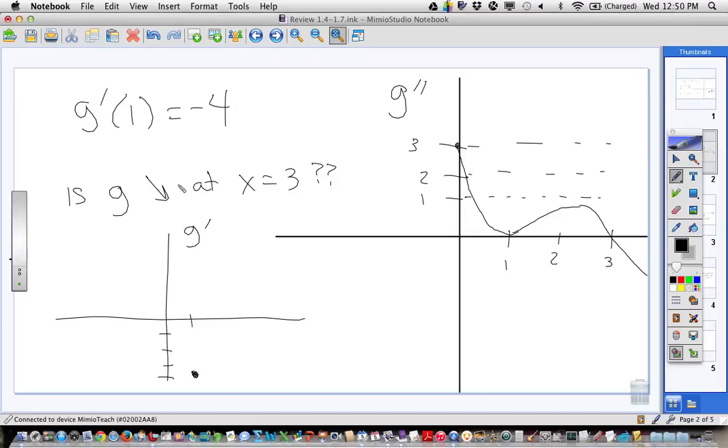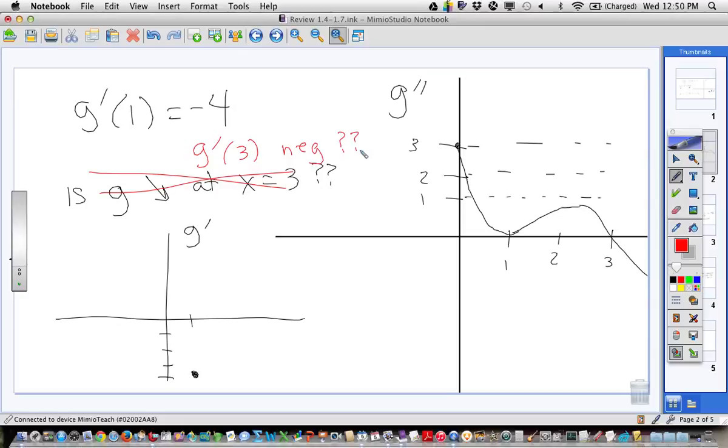Now, let's look at the question here. Is G decreasing at 3? When I see decreasing, I'm going to think of the chart. So when G is decreasing, what's that mean? So this question really is, I'm going to cross that out, and I'm going to answer this question: is G prime of 3 negative? That's really the question, because if I can answer that question, I can answer their question.